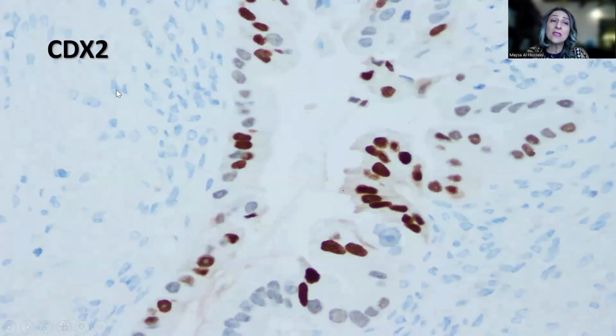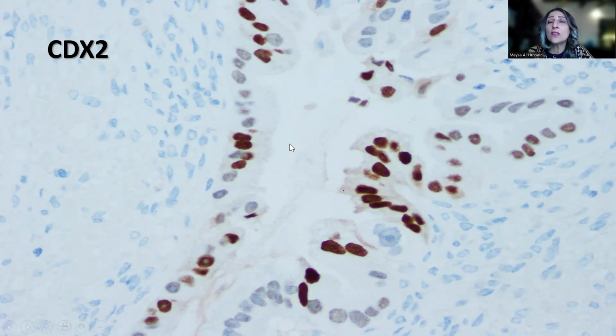Now, some cases might show some staining with CDX2. Again, this is not widespread, but you have to pay attention that if a mucinous carcinoma in the ovary stains with CDX2, this doesn't mean that this is of metastatic origin from the colon, I mean from the GI, and we have always to keep in mind the possibility of gastric type adenocarcinoma metastatic to the ovary, especially if we have this large amount of cytoplasm.